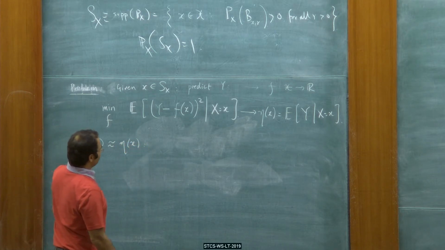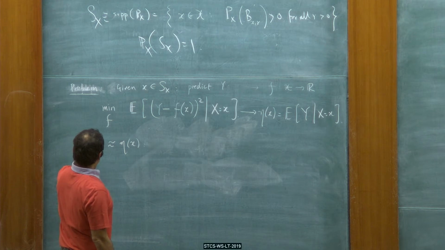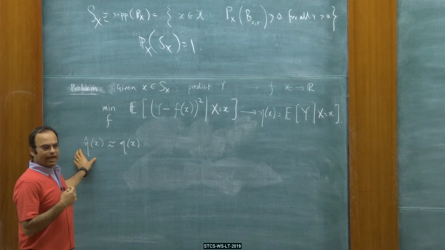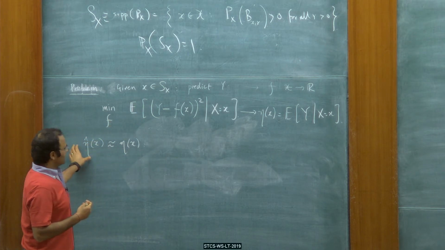In particular, suppose my estimator is eta hat, or say f. What is the error?